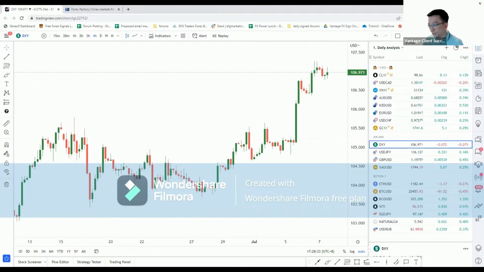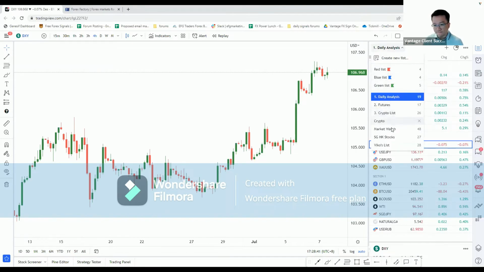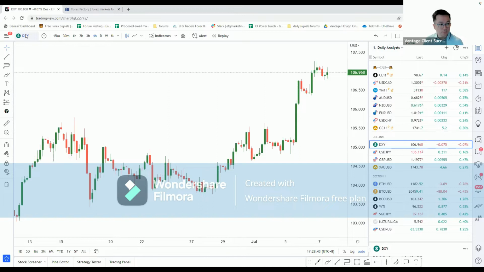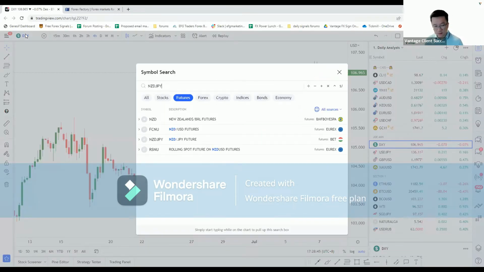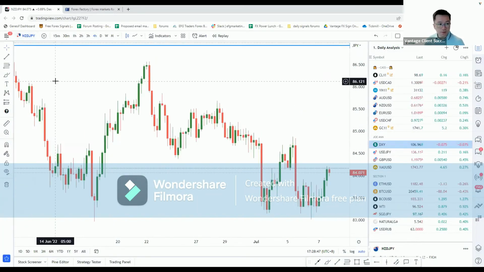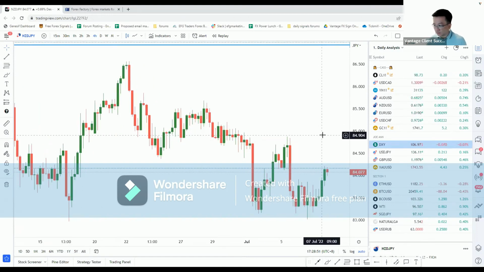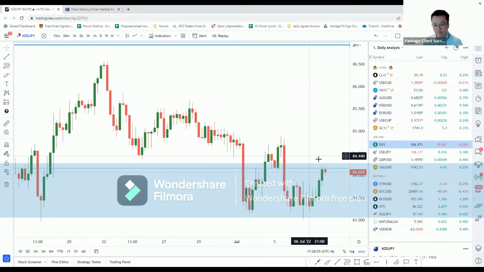1.03 level. So now looking at the New Zealand yen, do I have it here? All right, so I'll go find it. Right, so New Zealand yen currently, I like that trade idea. You had a New Zealand yen short there.